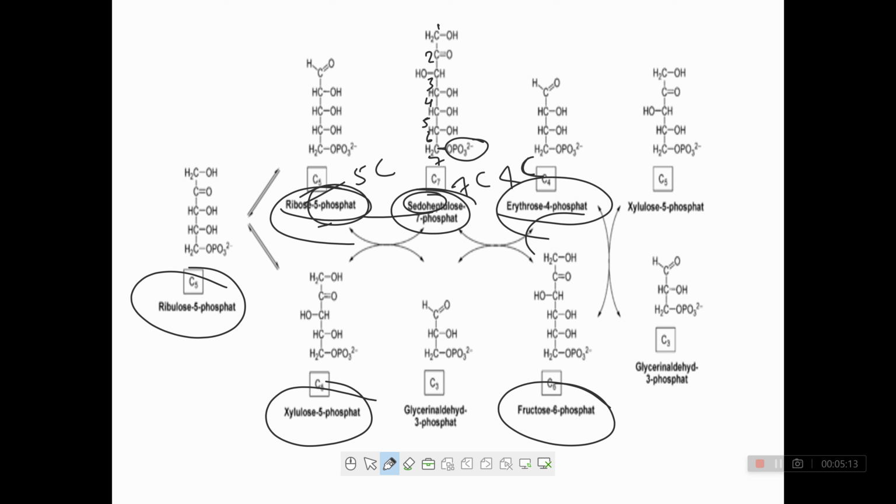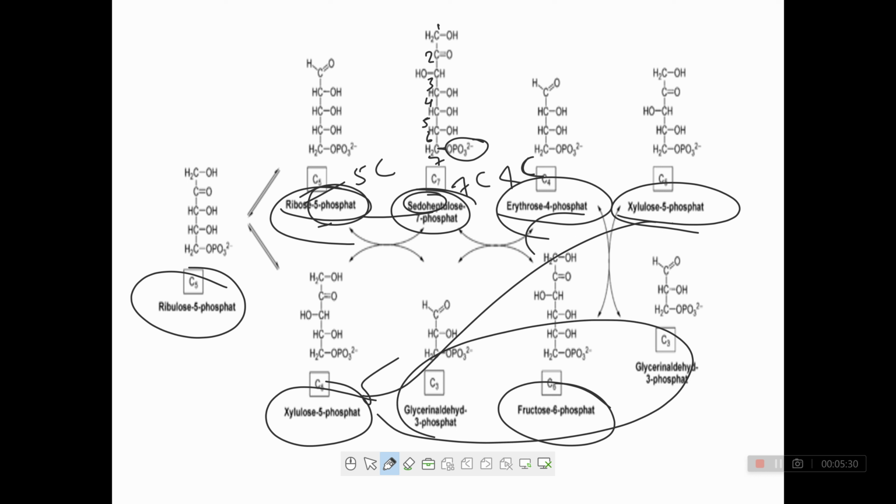This erythrose 4-phosphate is converted into xylulose 5-phosphate, similar to this, and this xylulose 5-phosphate is then converted by this pathway into glyceraldehyde 3-phosphate, then fructose 6-phosphate, then again glyceraldehyde 3-phosphate.